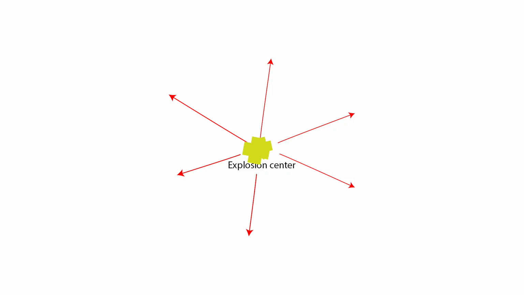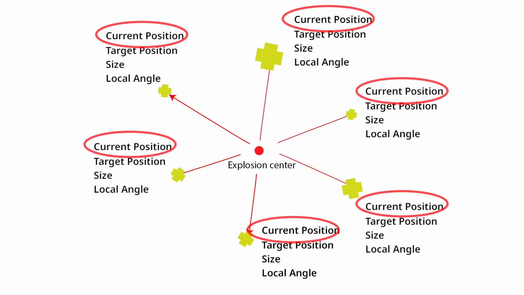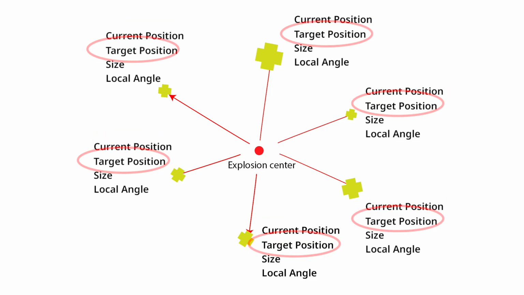Let's check out the algorithm to animate a particle in libGDX first. An explosion effect is initialized at a center position, which is also the starting point for every particle. Each particle has its own states, which are updated on every frame. The states contain the current position of the particle, initially at the center and moving toward the target position. The target position is the final destination of the particle.